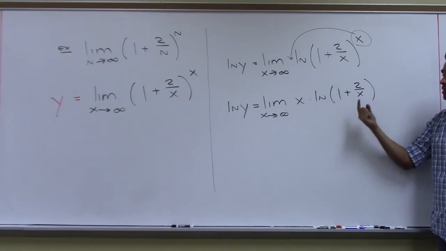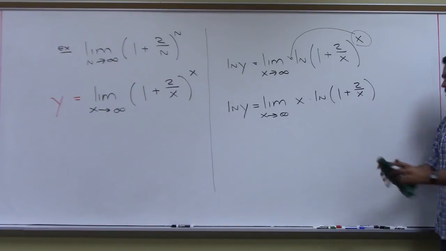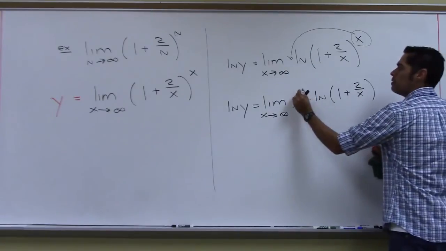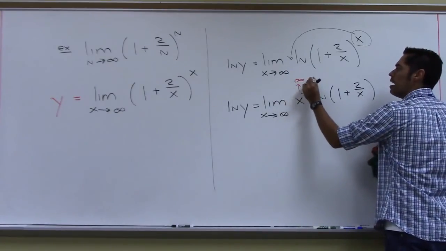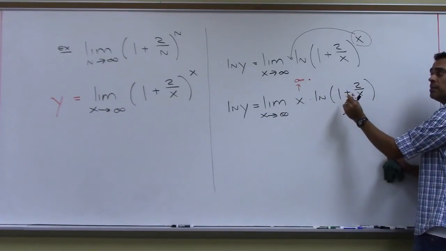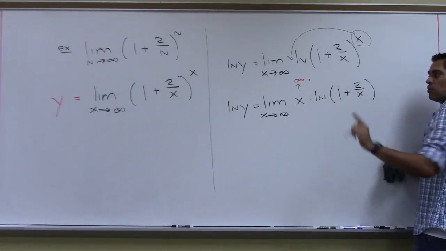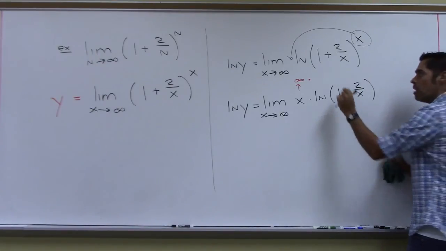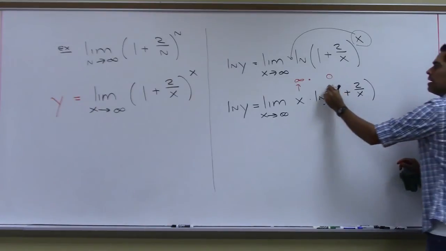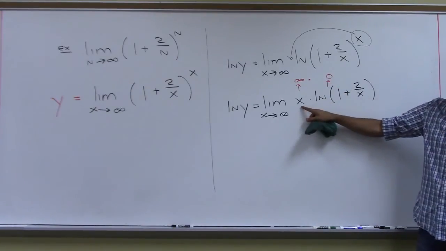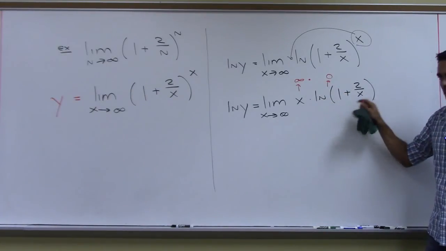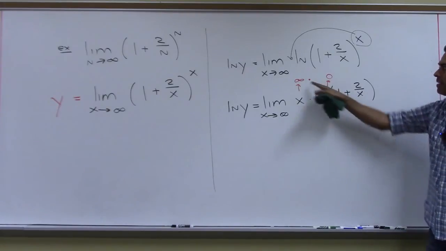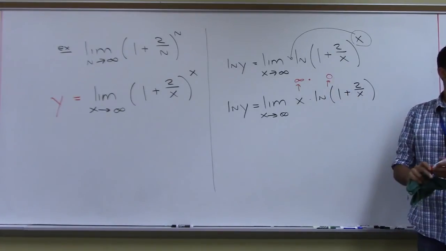Natural log of 1 goes to 0. So this is going to infinity, agreed, times natural log of 1, which is 0. What's happening here is that this is getting huge, this is getting really small, close to 0. That is still an indeterminate form from Cal 1.